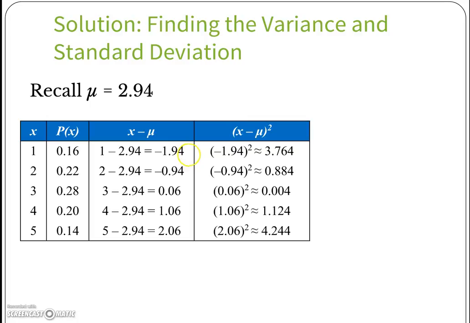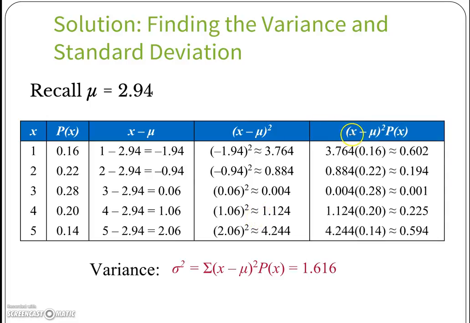We have negative 1.94 and we're going to square it, and then we have negative 0.94 and we're going to square it. So we square all of our x minus the means in this column here, and then the next step would be to take your x minus your mean squared and multiply it by your probability, your p of x. So we have this 3.76, which is your x minus mean squared, and we'll multiply it by the probability, which is 0.16.